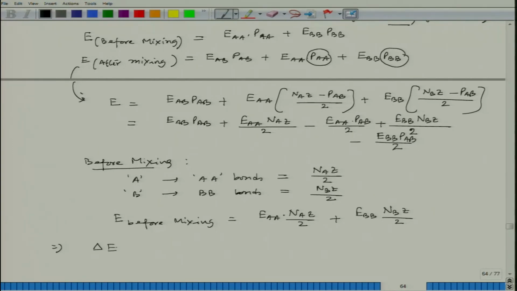So, the energy difference due to mixing will be nothing but E after mixing minus E before mixing.